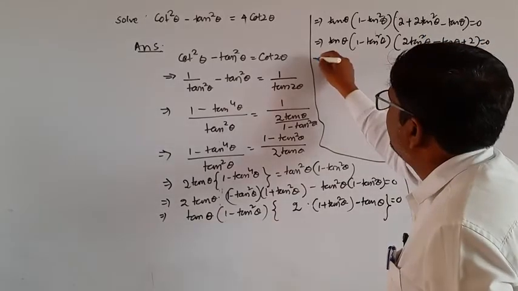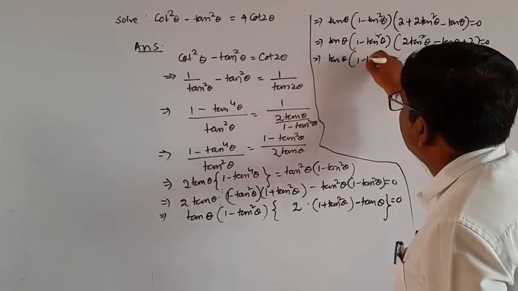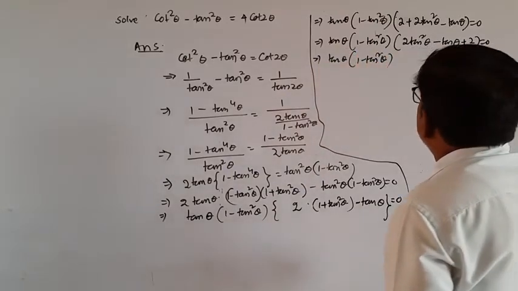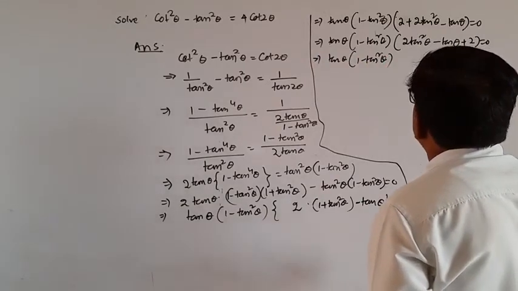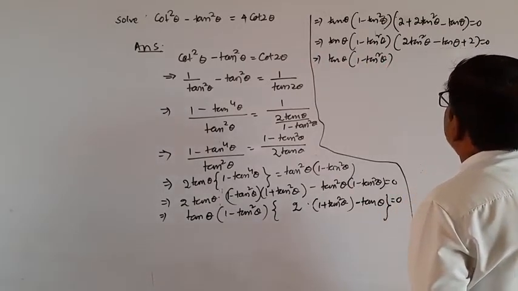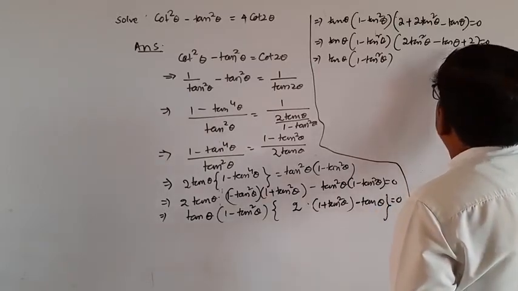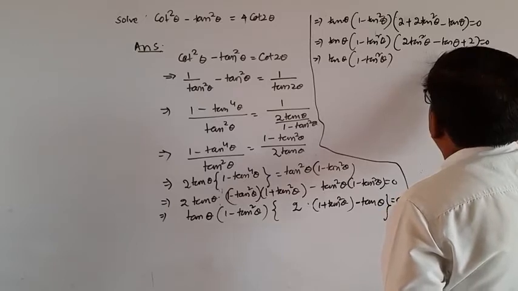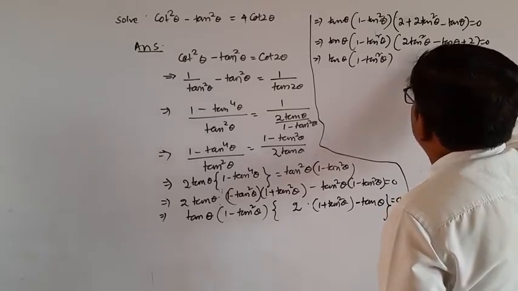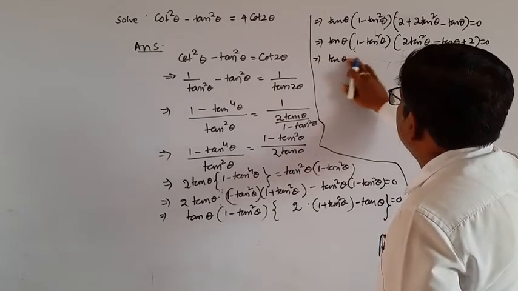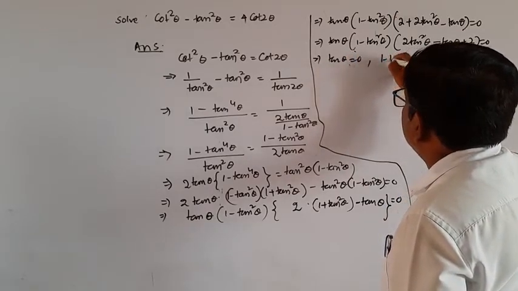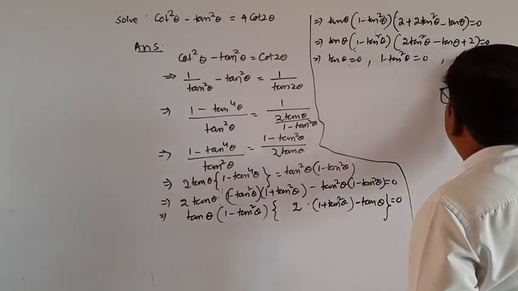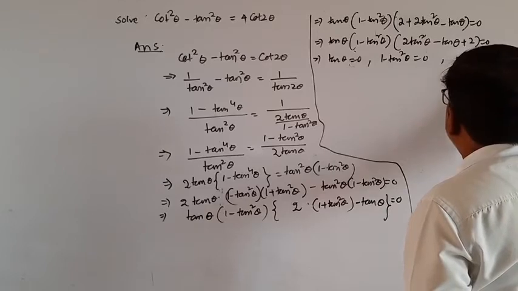So tan theta into (1 minus tan square theta) into (2 tan square theta minus tan theta plus 2): tan theta is equal to 0, 1 minus tan square theta is equal to 0, and 2 tan square theta minus tan theta plus 2 is equal to 0.